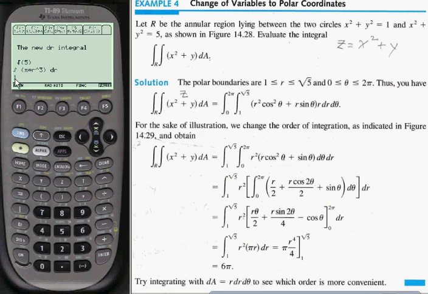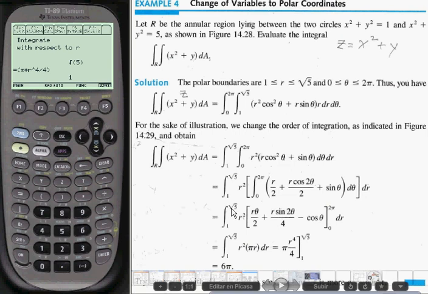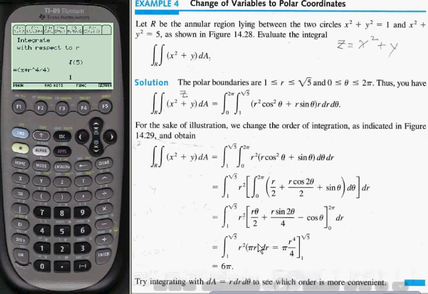So we put the limits in here, 1 and square root of 5, and r times r cubed dr. We integrate over the upper and lower limit, square root of 5 and the 1 here. Here's the integration of the r cubed section here.